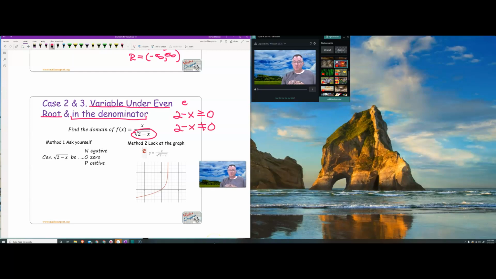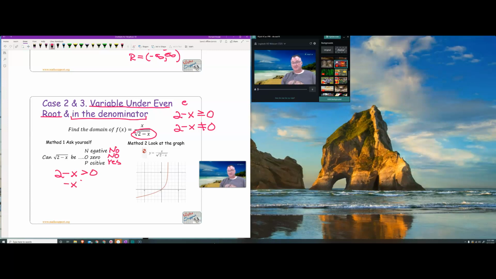All right, so when we're looking at this list here, this radical cannot be negative, and it can't be 0 because it's also in the denominator. So the only thing that 2 minus x is allowed to be is a positive number. So I would express that as 2 minus x is greater than 0.